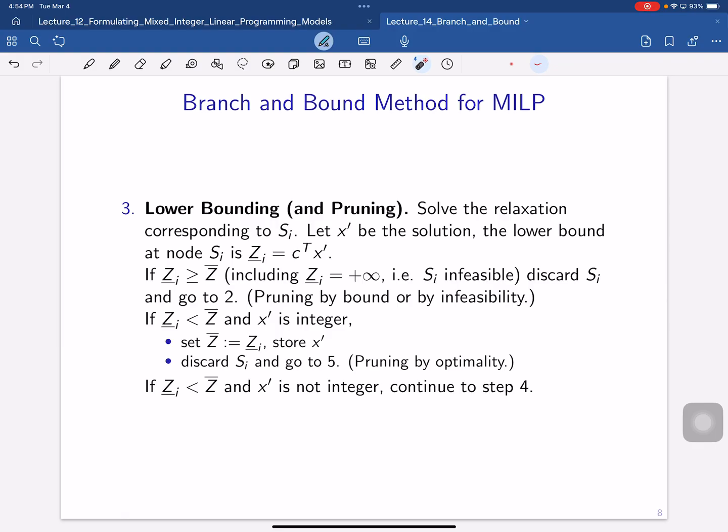Now you can update the global upper bound to be this feasible solution you just found. On the other hand, if the solution you find is better than the global upper bound but the solution is not feasible, x prime is not integer, then you have to continue. This node cannot be fathomed yet.